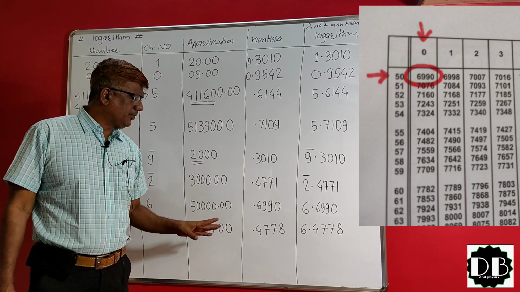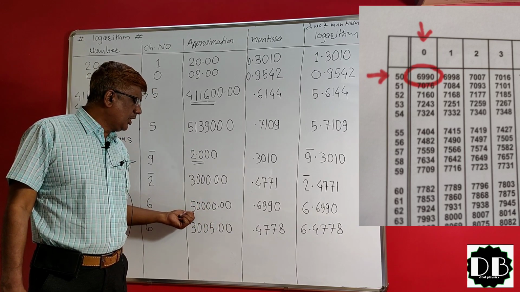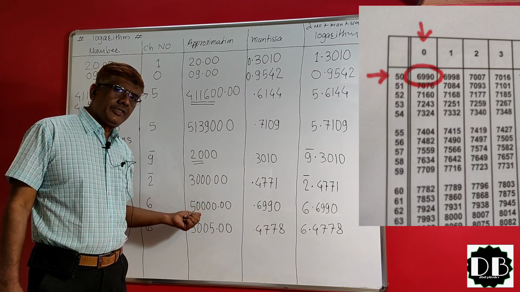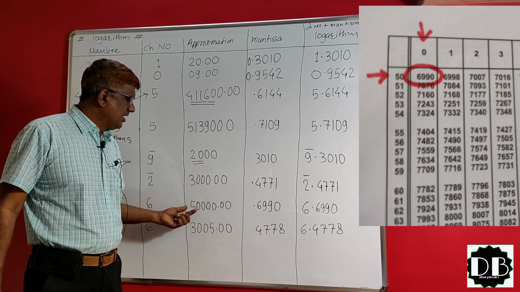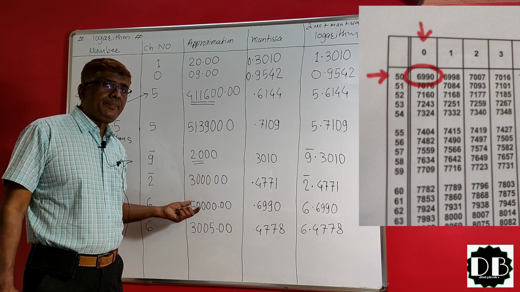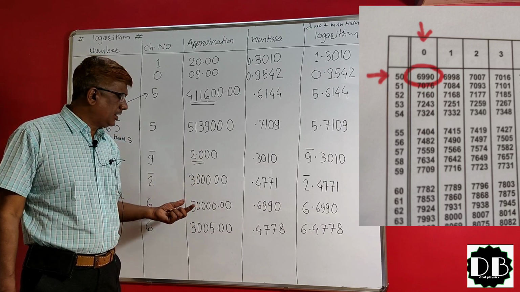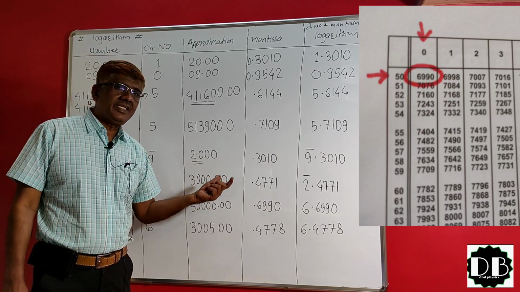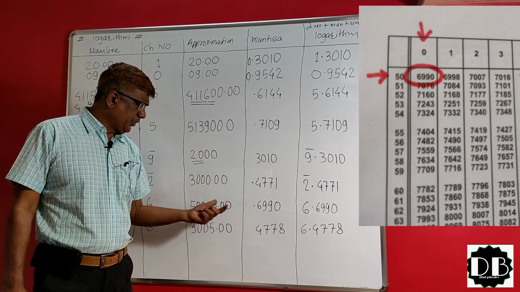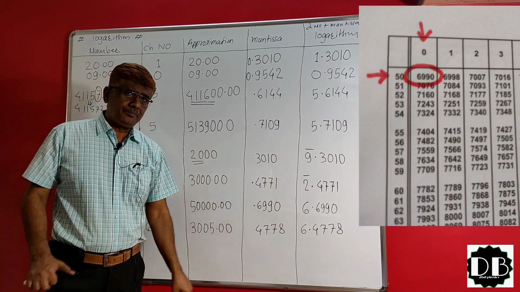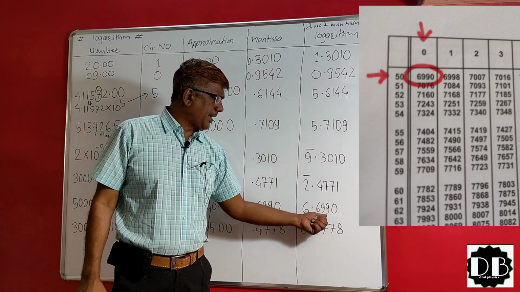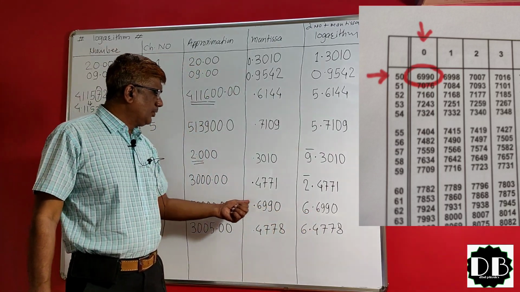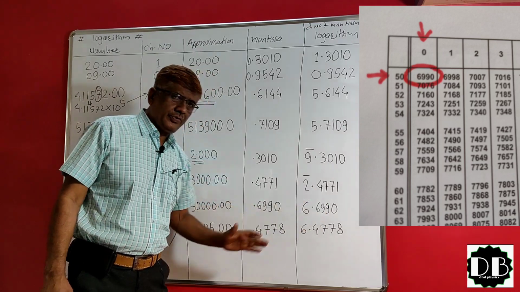Approximation is 50,000 because the meaningful number is only 5 other than 0, and about the 10 power there is no complexity, that's why it remains as it is. 50 to 0, you can see in a log table, it is 6990. Mantissa is 6990 and character number plus mantissa, both added, and we have 6.6990.